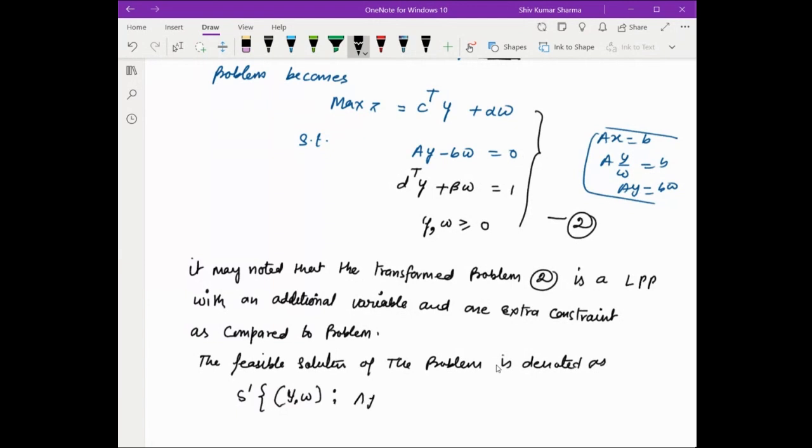The conditions we write are Ay minus b omega equal to 0, and the second condition, d transpose of y plus b omega equal to 1. Both variables y and omega should be greater than 0. So this is the method known as the Charnes-Cooper method to solve the linear programming problem.